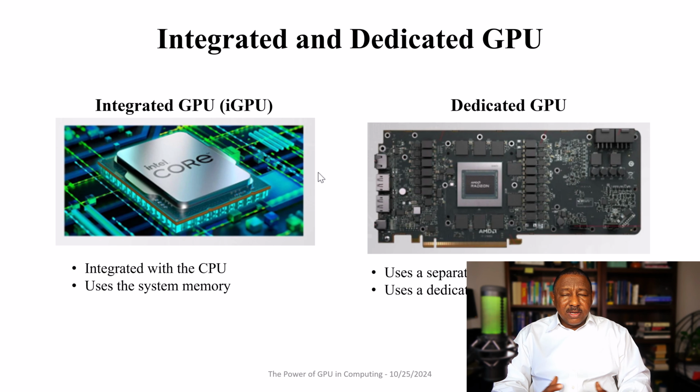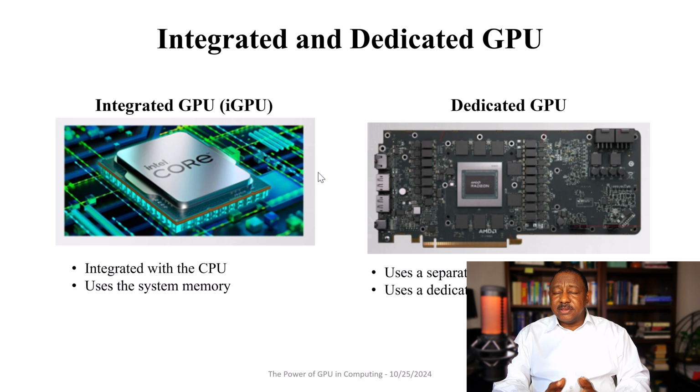Generally, there are two kinds of GPUs. One is integrated in the motherboard, and it shares memory with the CPU. That means it doesn't have independent memory.